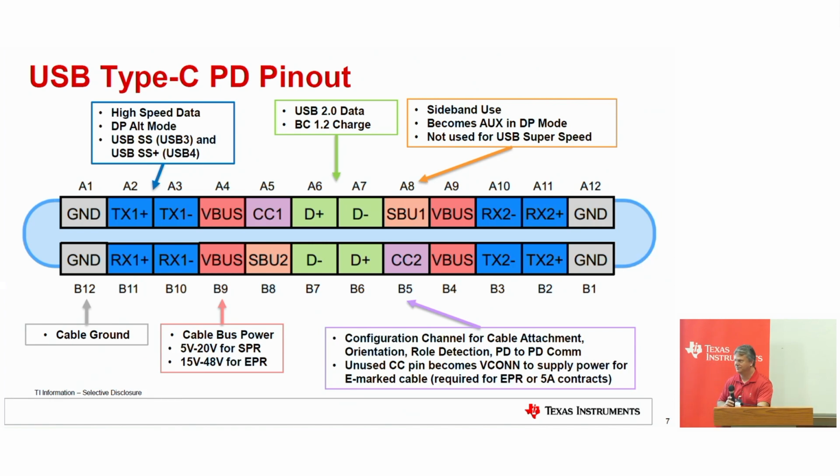I would like to know for the USB 3.1 cable, there's two far ends. Does the PD chip apply to both sides or is it one side? You're asking if there's a PD chip on both sides of the cable? Yes. Rarely. It's usually just one side.